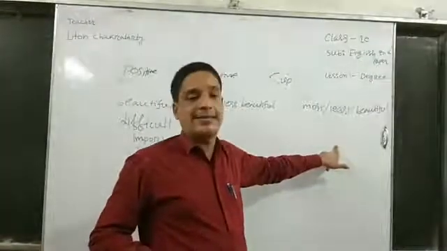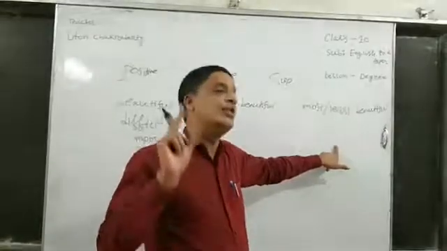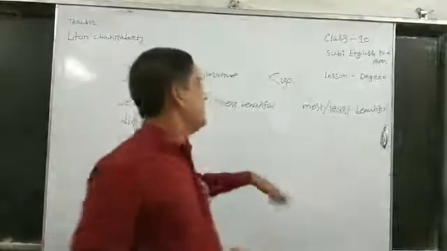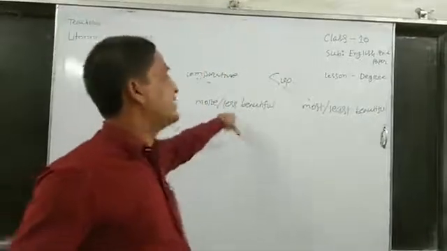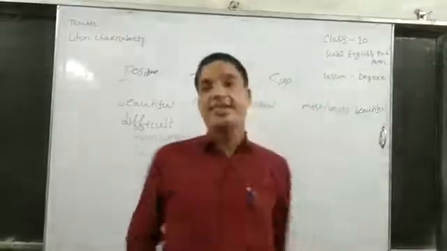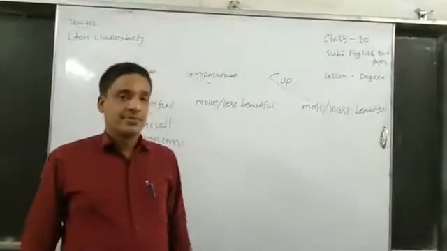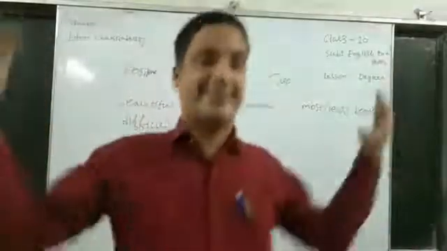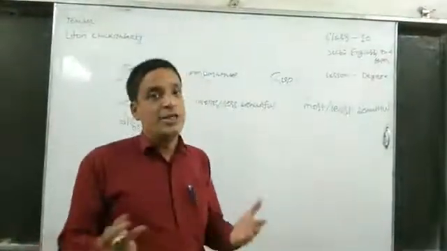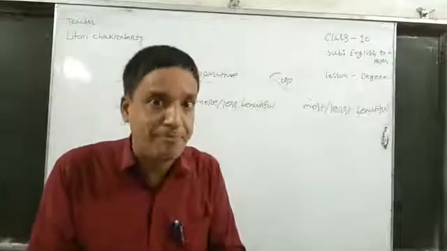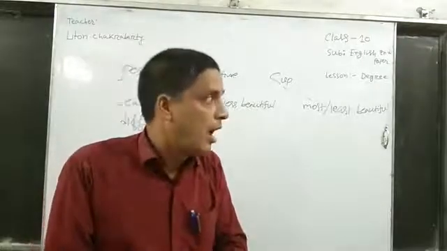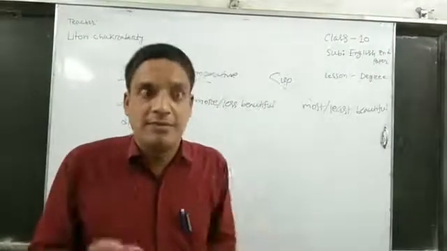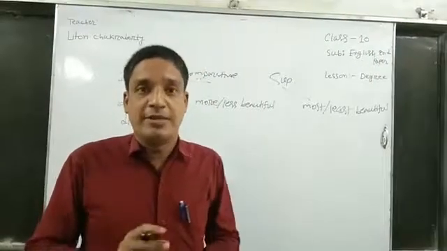Dear learners, one thing you should remember, that you can also use less or least in that case. In the situation of making sentences, we have to write them down. Then I will write everything.